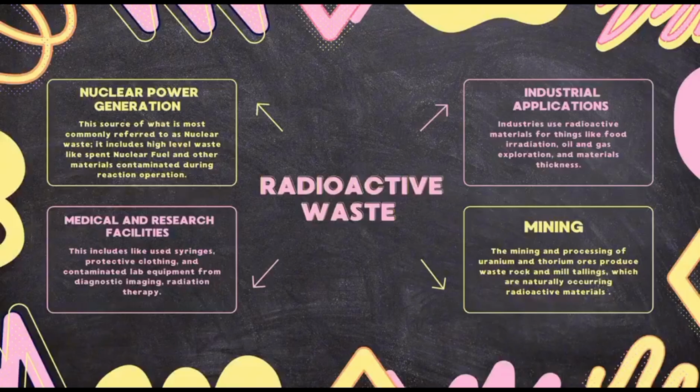Let me tell you first the waste rock. This is just the regular rock nga ilang gikaut para makuha ang uranium ore. Even though it's not the pure ore, it still has some naturally occurring radioactive material in it. The next one is mill tailings. So this is the most important waste.